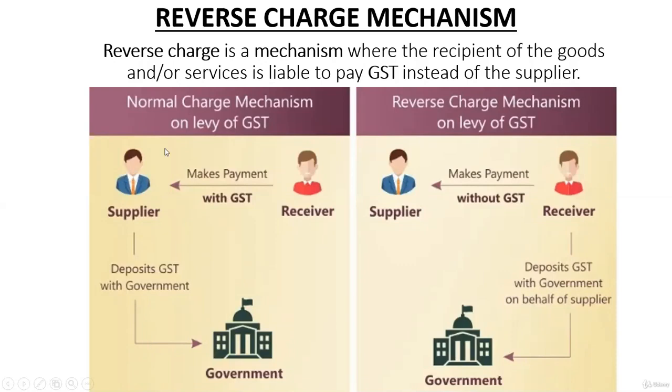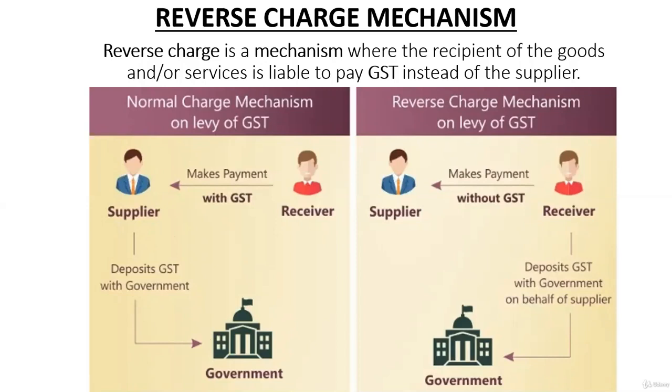For example, if a supplier sells goods to the receiver or the consumer of those goods, then the consumer pays the amount of the goods along with the amount of GST to the supplier, and the supplier deposits the amount of GST through its returns to the government department.